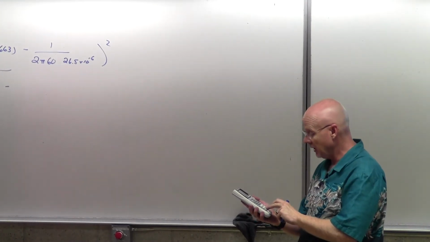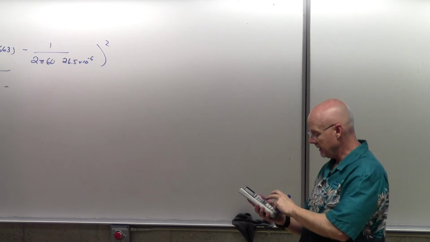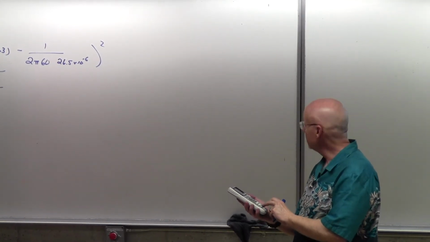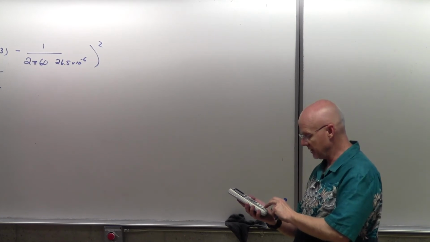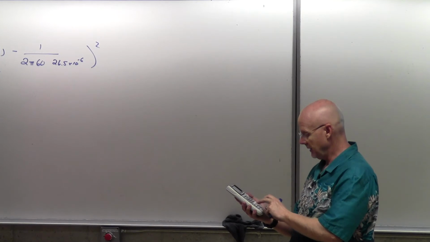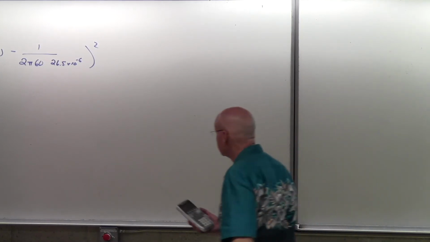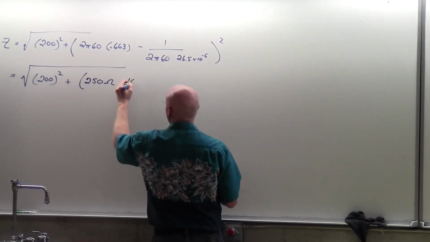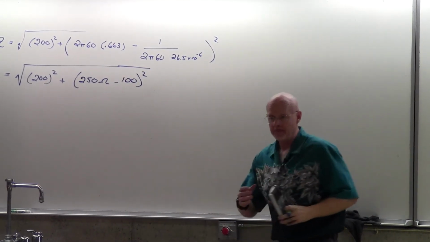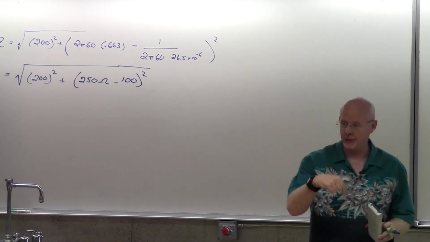I don't know how much. Let me try it. 2 times pi times 60 times 26.5 times 10 to the negative 6. Then I'll take the reciprocal of that, and that's about 100. So I'm getting a lot more reactance from the inductor than from the capacitor.